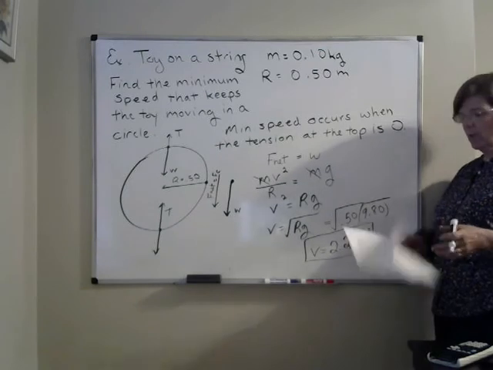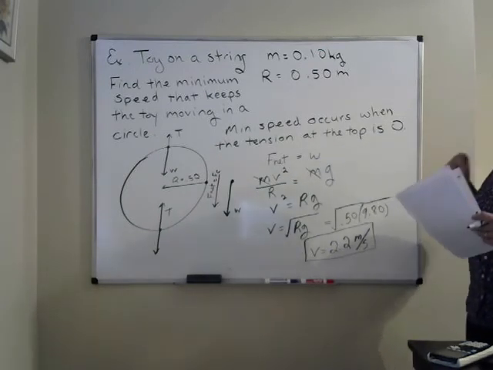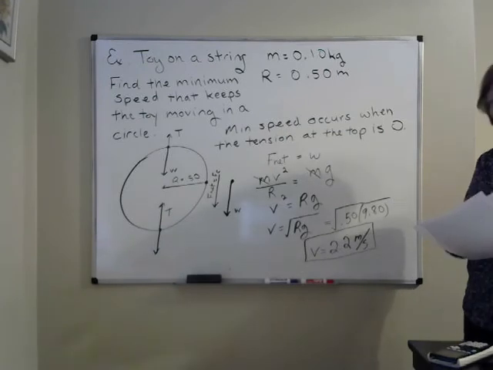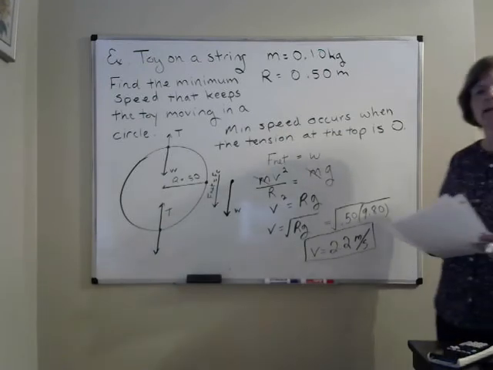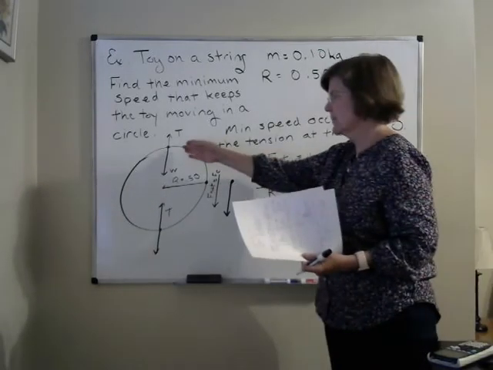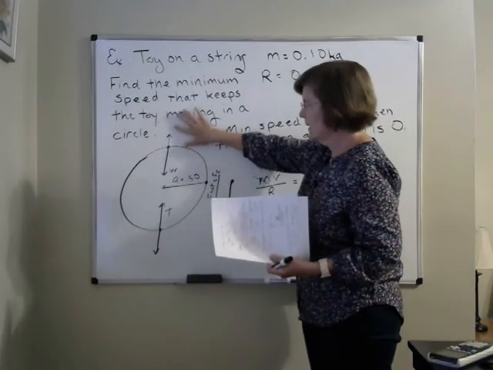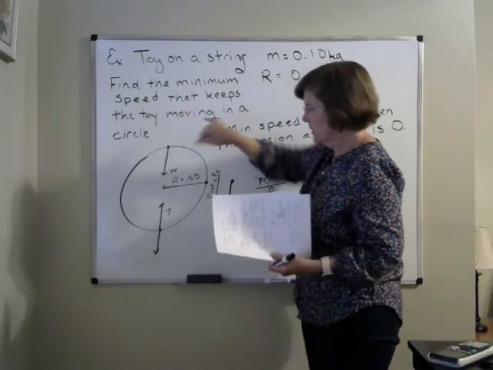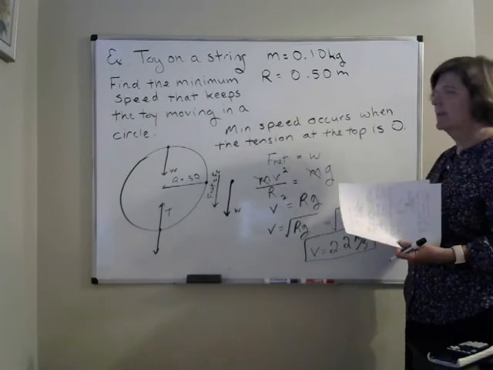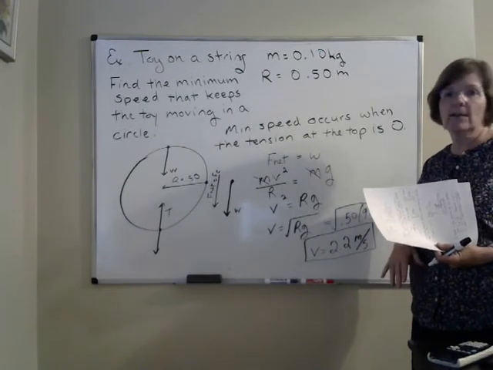In fact, if we want to, that's our next question. Let's assume we swing it with a speed of 2.2 meters per second. We know the tension at the top will be 0, because that's how we set it up, where the net force at the top was just equal to the weight. But let's see if we can calculate how much tension is in the string at the bottom, and then let's see if we can calculate the period.